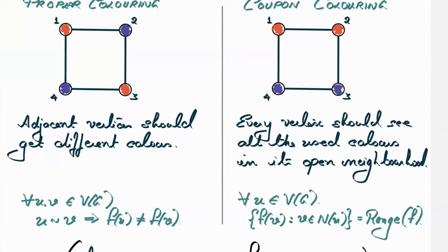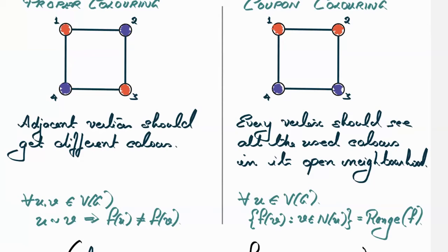And the coupon coloring is quite a different kind of coloring of the vertices of a graph. It is still a coloring of the vertices of the graph, but now the condition is that if you take any vertex, say you are using some k number of colors, and look at its open neighborhood, so open neighborhood is all the vertices which are attached to it, but not counting the vertex itself, the open neighborhood should contain a representative of each color, at least one vertex with each color.